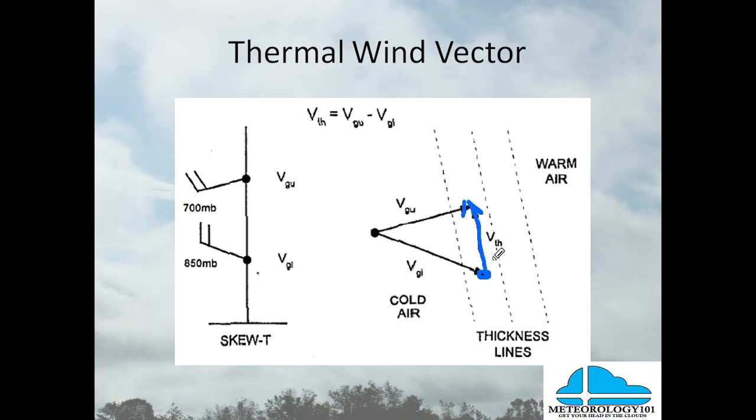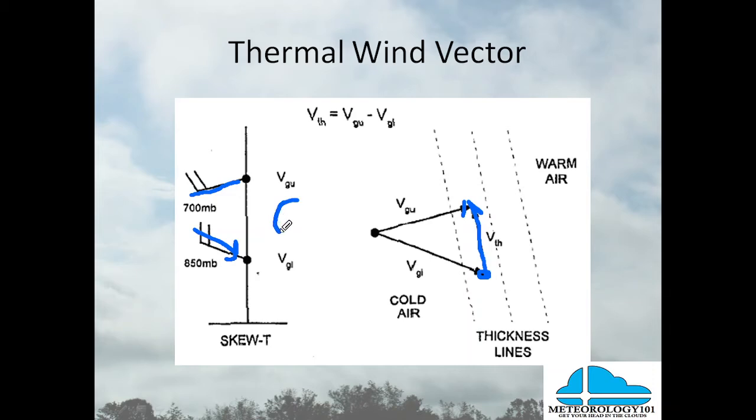Now, like I said, that's a theoretical wind, parallel with the thickness packing. It always travels parallel with the thickness packing. But what you're going to get out of this is, with these heights, the two different winds backing with height. So the 850 is from the northwest, 750 is from the southwest.